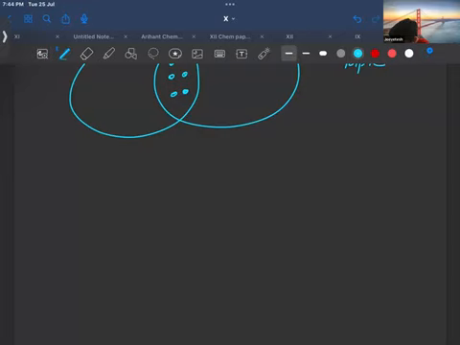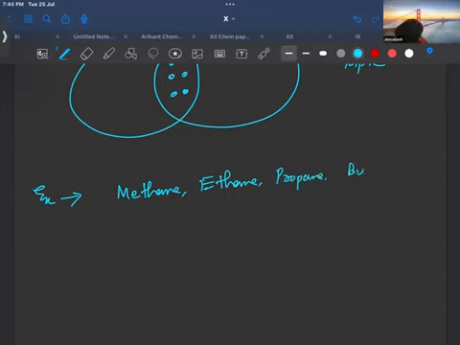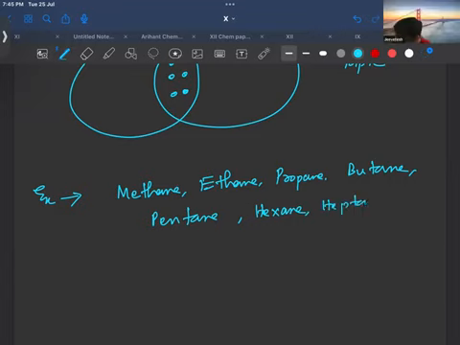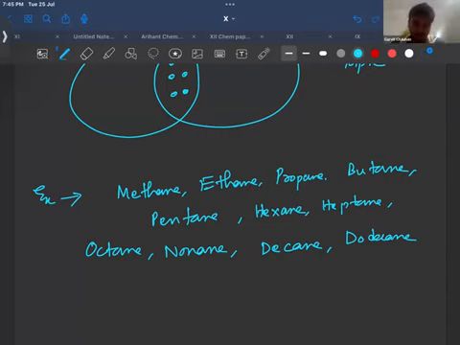Write down examples: methane, ethane, propane, butane, pentane, hexane, heptane, octane, nonane, decane, dodecane, etc. These examples are for alkanes, or saturated hydrocarbons.